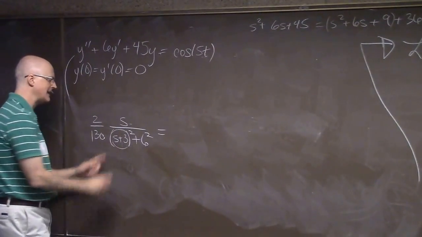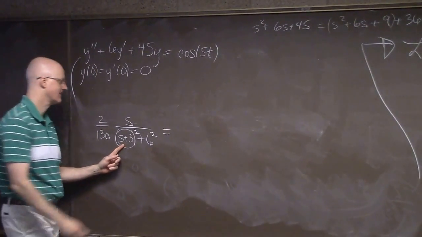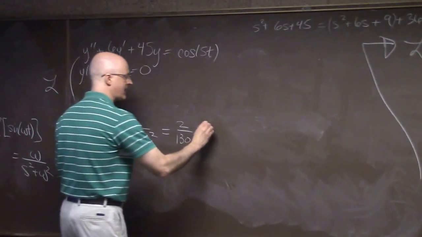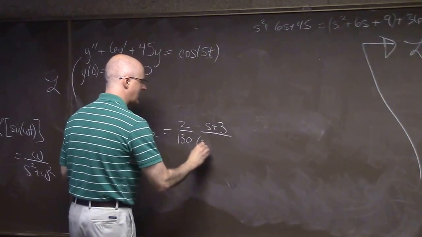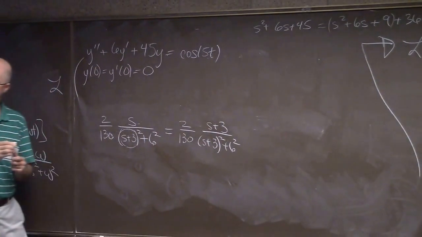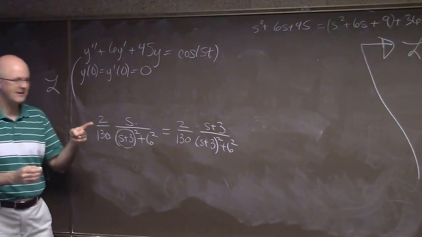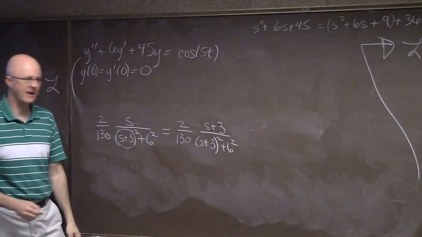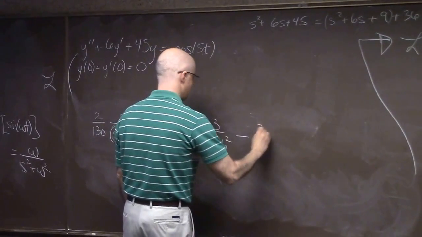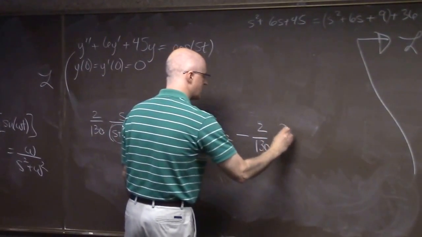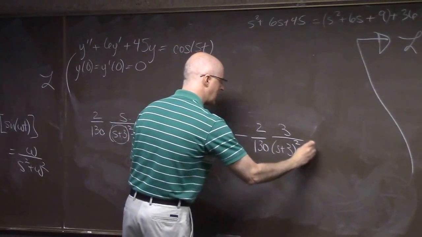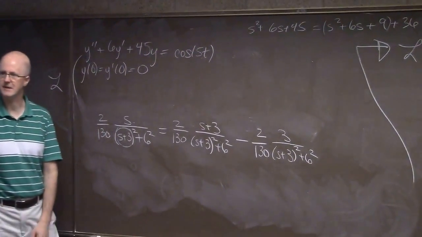Because this is an s plus 3, it's going to be beneficial to replace the s there with s plus 3 as well, so you get a match. However, you can't just do that willy-nilly, because then they're not equal. Since I added 3 up there, I also have to subtract 3 from another fraction that's similar, to compensate for that.